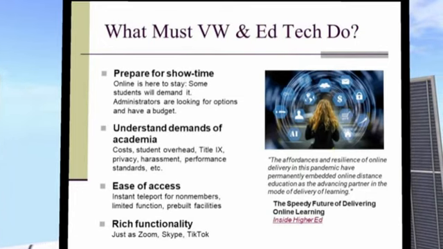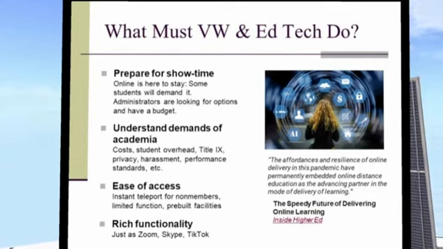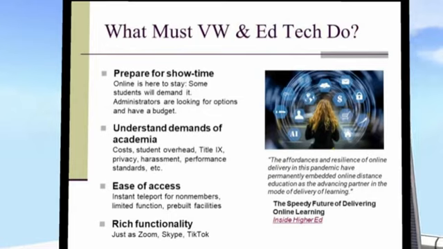And there's also the overhead demands, and this is one of the big ones, the overhead demands on students to learn a new platform, to learn new skills. And on top of that, there's the Title IX horrors over privacy and harassment in virtual worlds, and performance standards that universities are very sensitive to accreditation.